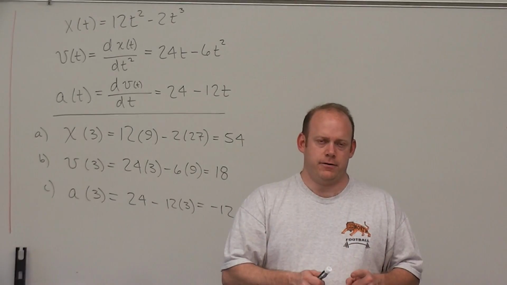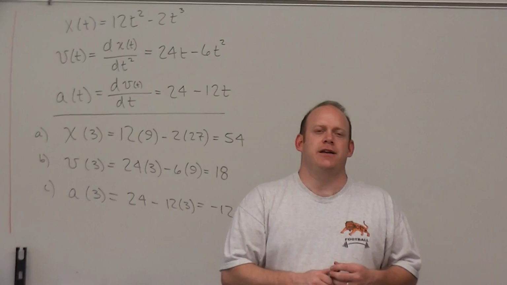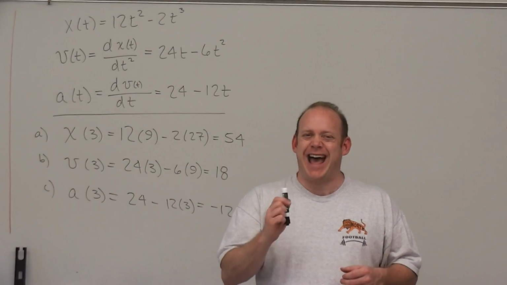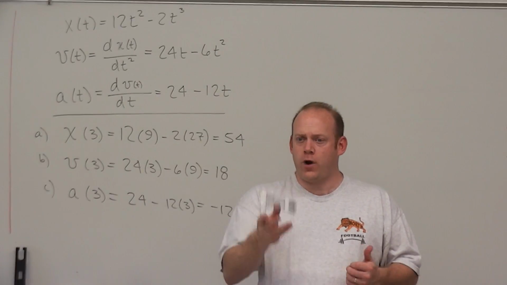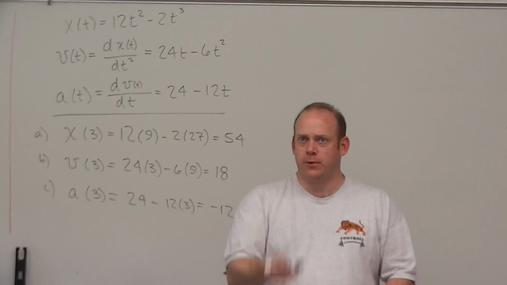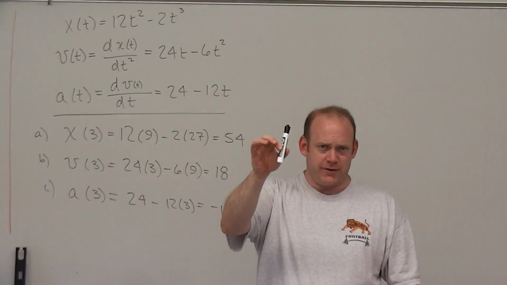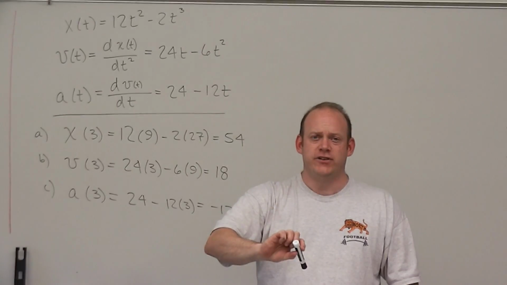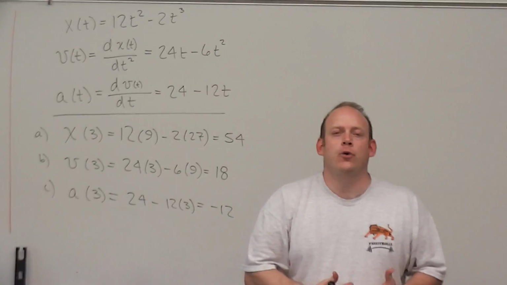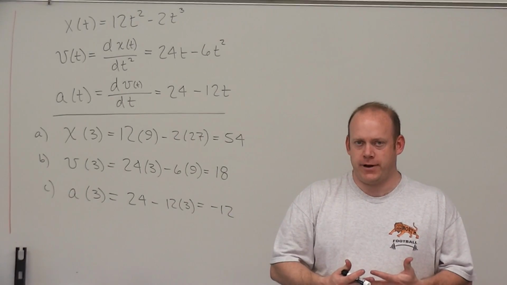What quantity do we know when it's at its maximum position? Okay, it goes up and down. It goes from up, which is a positive velocity, to down, which is a negative velocity. It has to go through 0 in the middle there.